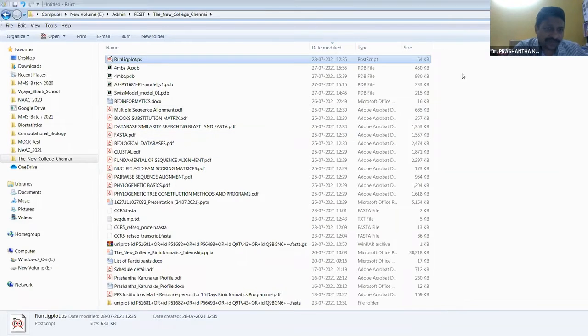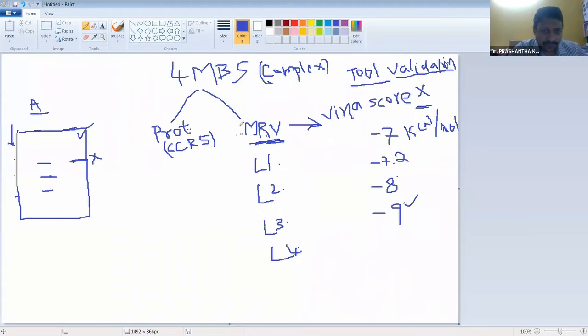Now, in our design of experiments, whenever we want to do a docking, we need one file for the protein and a separate file for the ligand. What we have now is a complex, 4MBS as one complex file. So we have to separate the file.